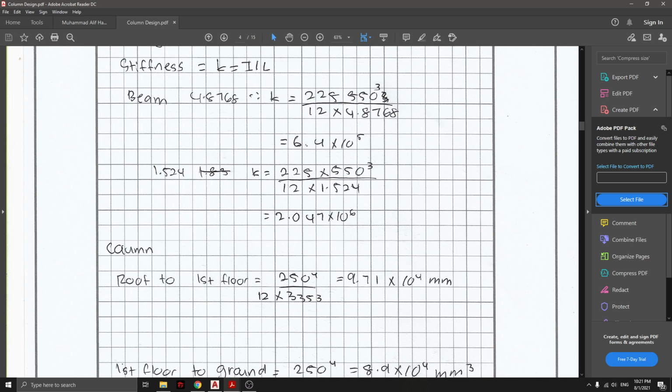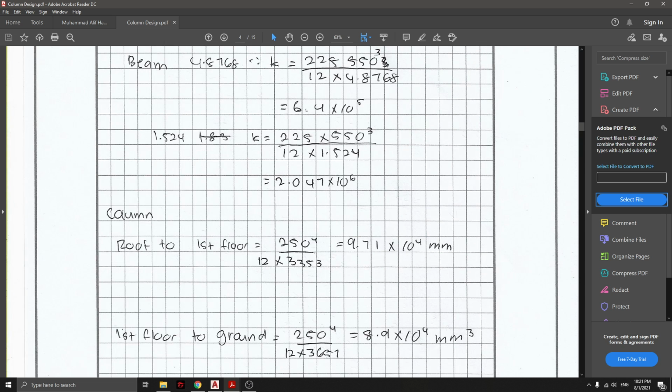Then column, roof to first floor, we find the I. So 250 power 4 over 12 times 3353.